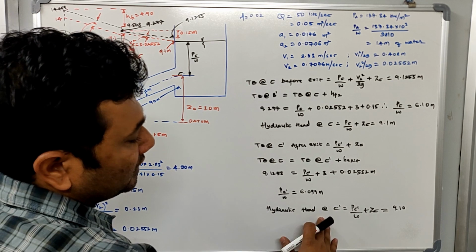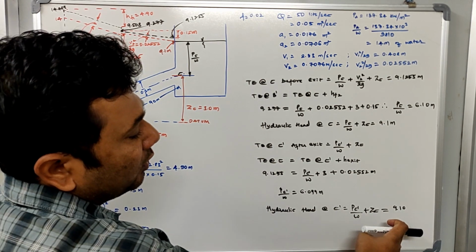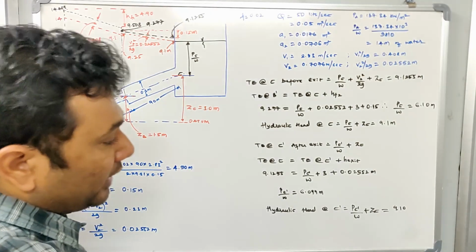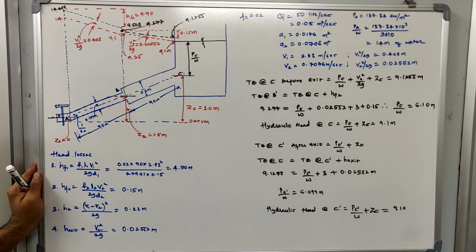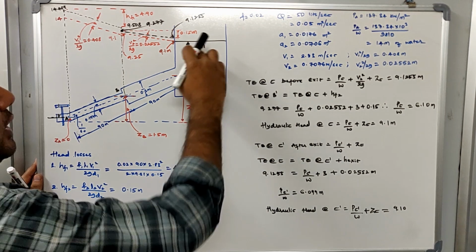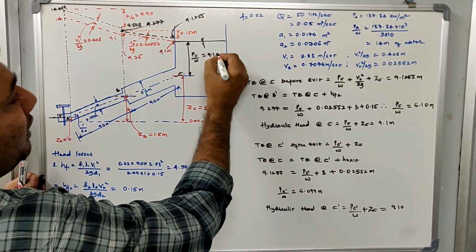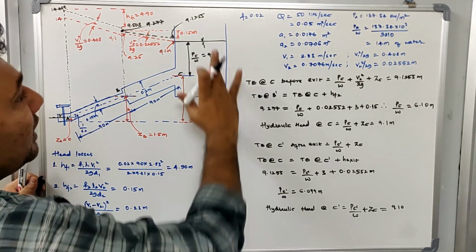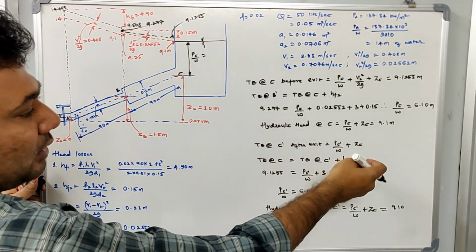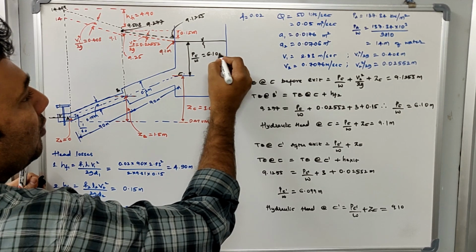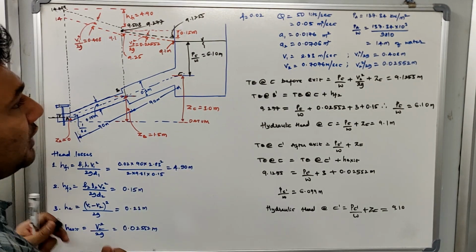So from this you calculate how much is hydraulic head. So hydraulic head will be equal to 9.1. Okay. So here the hydraulic head and the total energy will remain the same because we know that the velocity is equal to 0 there, right? So this is how we determine PC by W. PC by W is 6.1 meter, and this is your ZC, which is 3 meter.